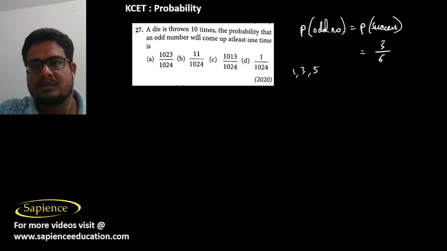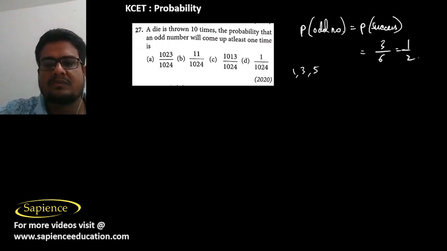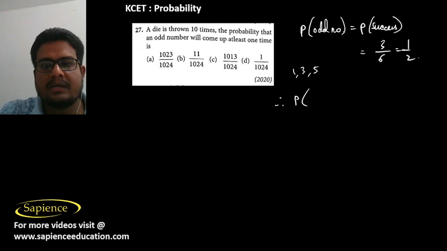So that will be 3 by 6, so that is 1 by 2. Therefore, the probability that odd number will come at least one time means P of x greater than or equal to 1. So that we have to find.